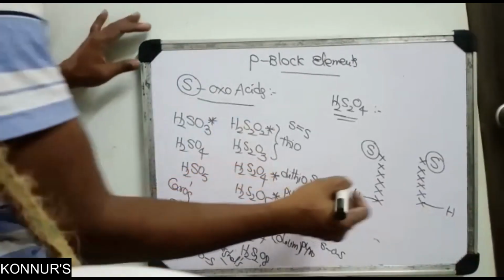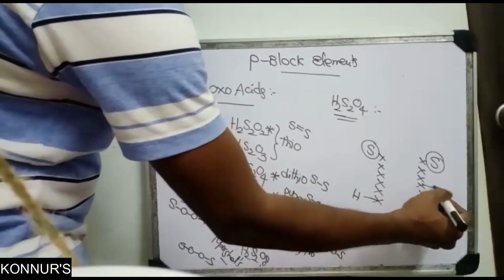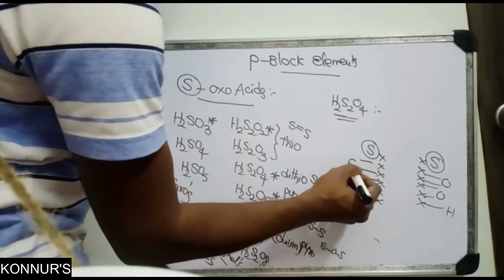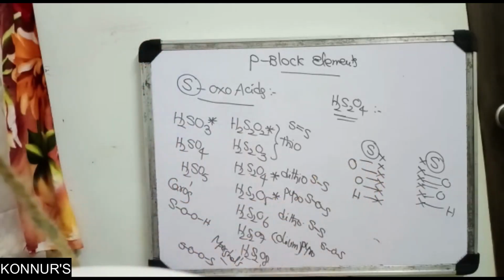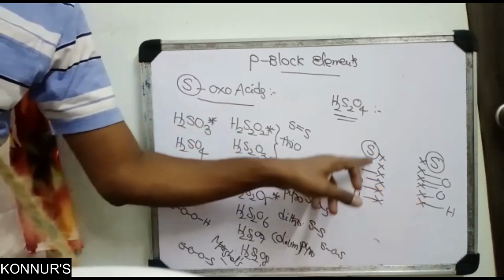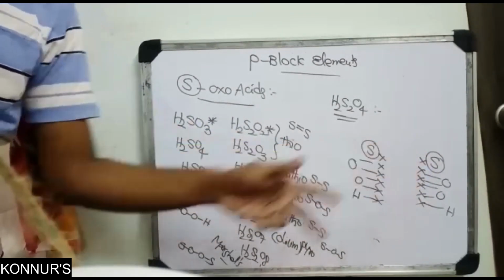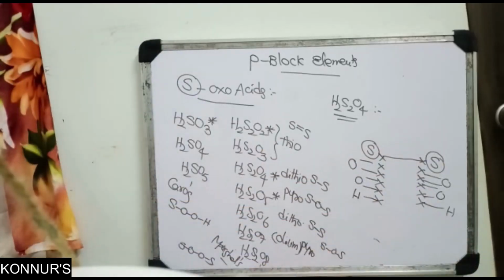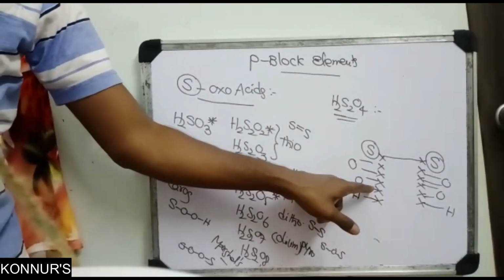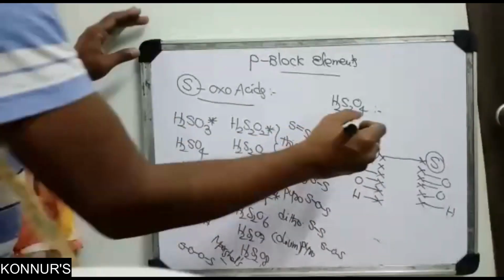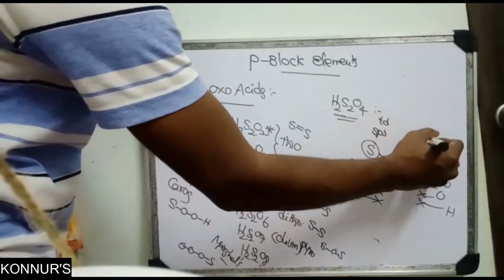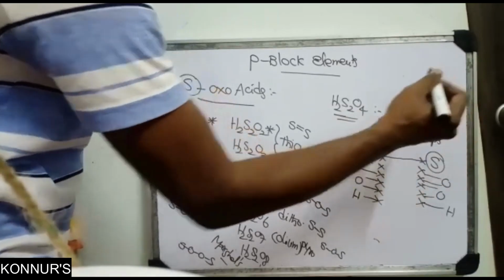Next, remaining oxygens you adjust: one oxygen, second oxygen, third oxygen, fourth oxygen. So H2 over S2 is next to 4 oxygens. See this one: 1 sigma, 2nd sigma, 3rd sigma, 4th sigma. So that's why it is sp3 tetrahedral. This is also sp3 tetrahedral.